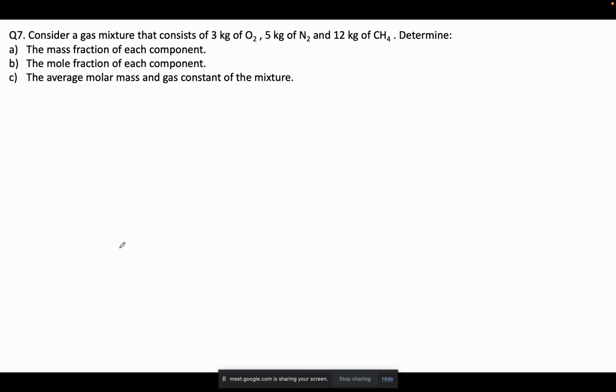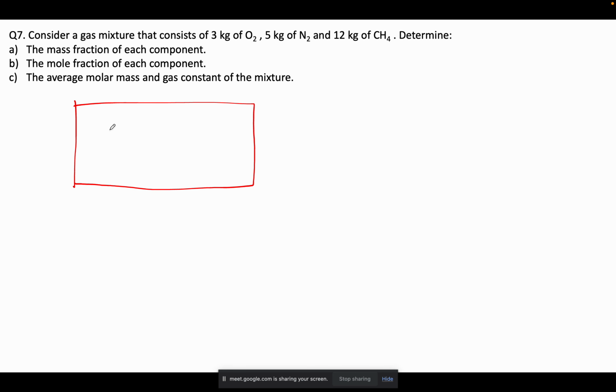Next is: consider a gas mixture that consists of 3 kg of oxygen, 5 kg of nitrogen, and 12 kg of methane. Determine the mass fraction of each component, mole fraction of each component, and average molar mass and gas constant of the mixture.